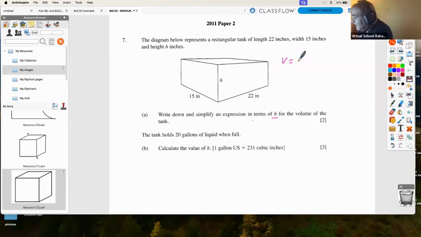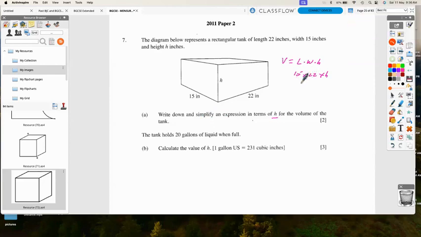Yeah, so it could be length times width times height, and then we substitute 15 times 22 times h, but they want it in simplified form. So what do we get when we multiply 15 by 22? 330.